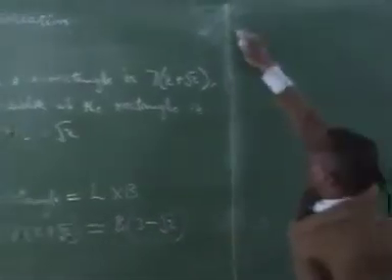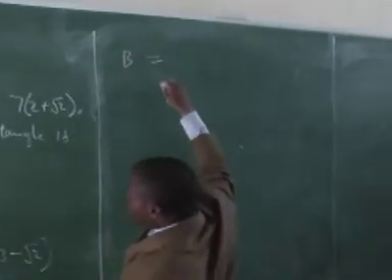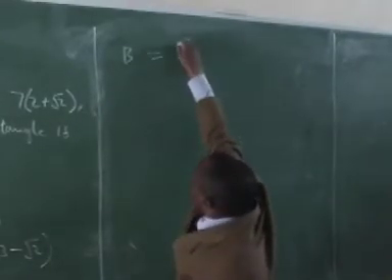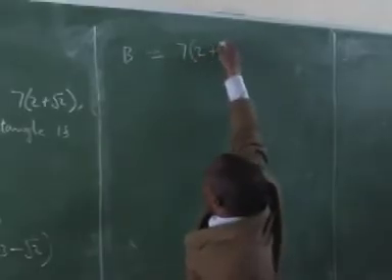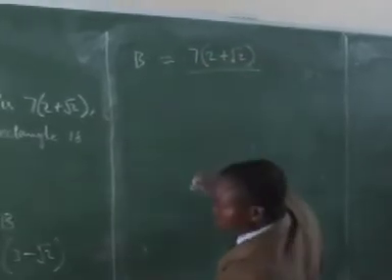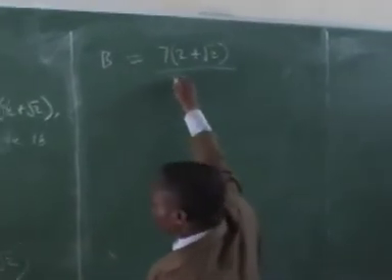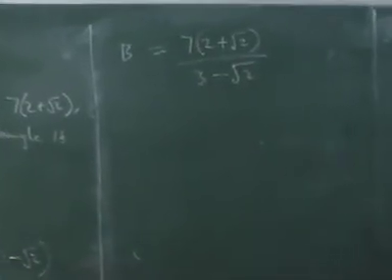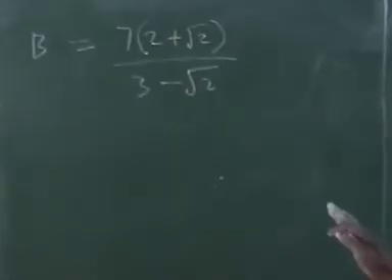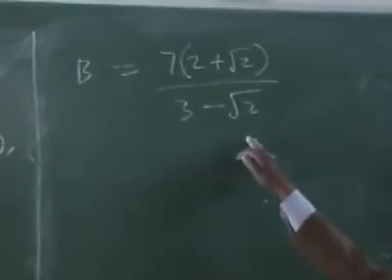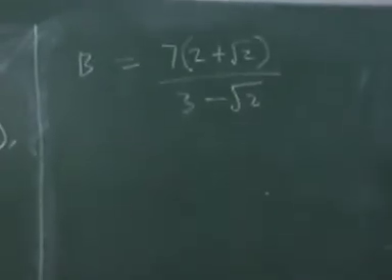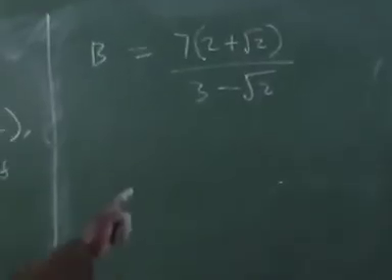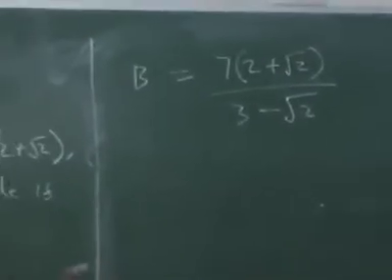So we want to find this breadth, or width. That is to say, our breadth will be 7(2 plus root 2) all over 3 minus root 2. And now you can see how this problem results in a situation where we are going to multiply the numerator and the denominator by the conjugate, which we have learned.